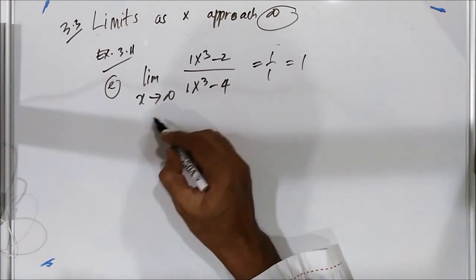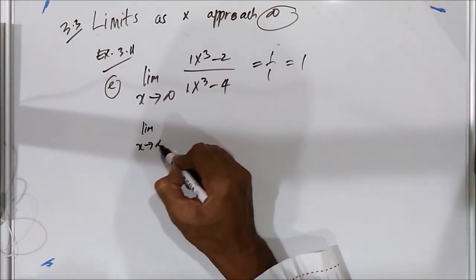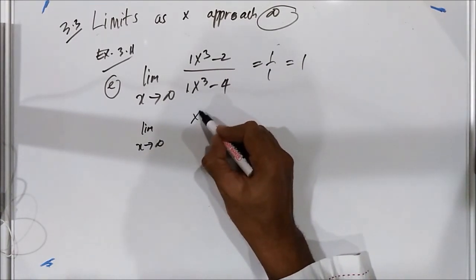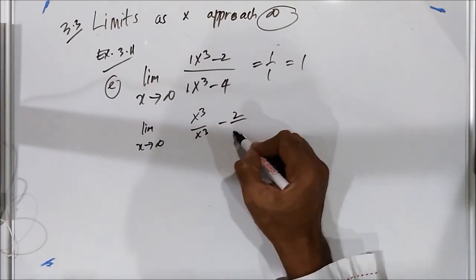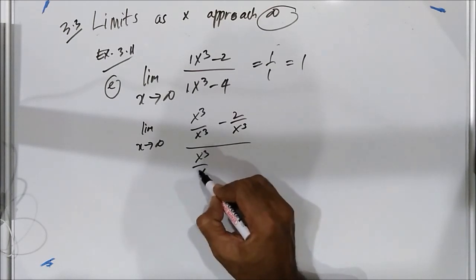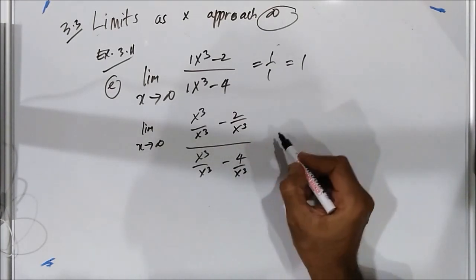Or you can do it this way: limit of x approaching infinity, you divide by the highest power here, x cubed. So x cubed divided by x cubed minus 2 divided by x cubed, over x cubed divided by x cubed minus 4 divided by x cubed.